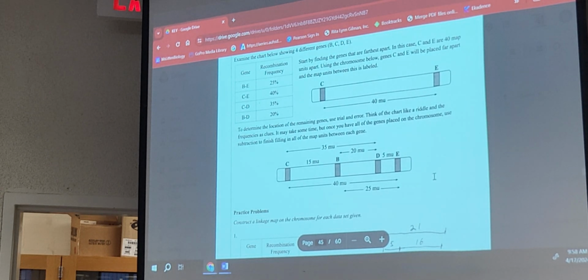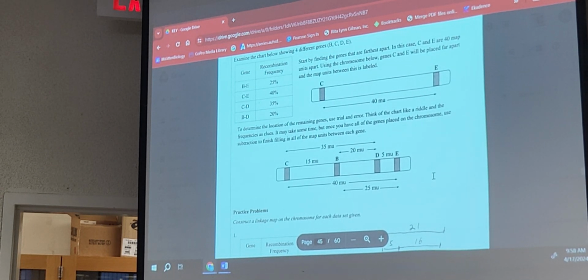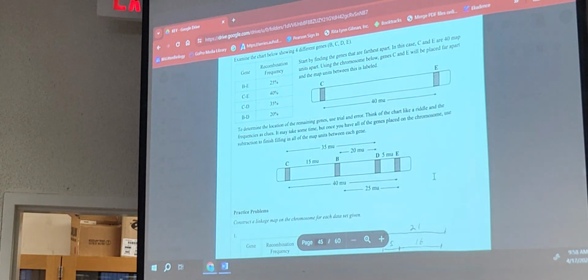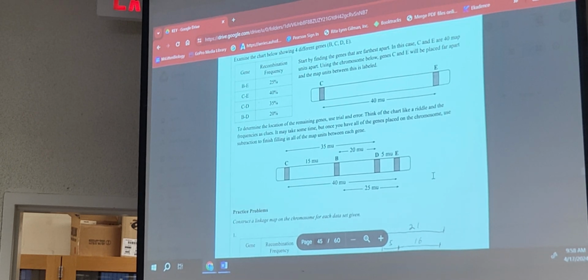B is at 25% from E, right? So if it's 25% from E, then that could put B here so that B to E is 25%, which would make C to B 10%.